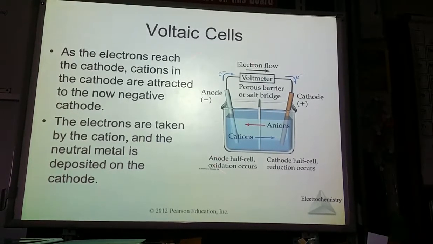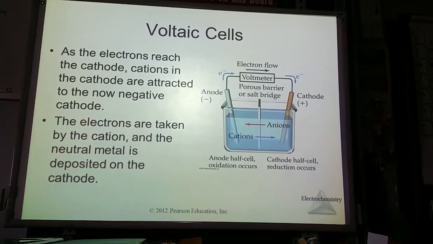I tried to give this picture to you as well, because this is also another example of a voltaic cell. You don't necessarily see that U-shaped salt bridge. You will see that U-shaped salt bridge on your test.